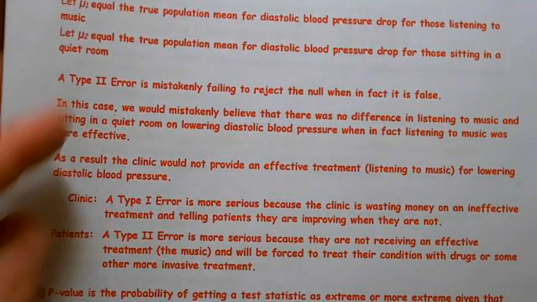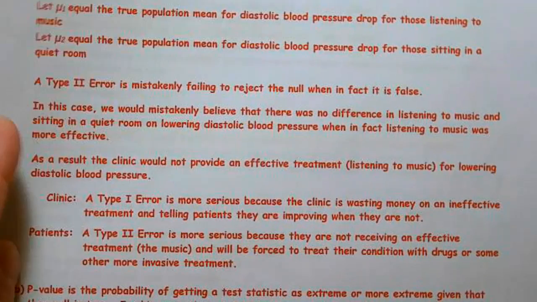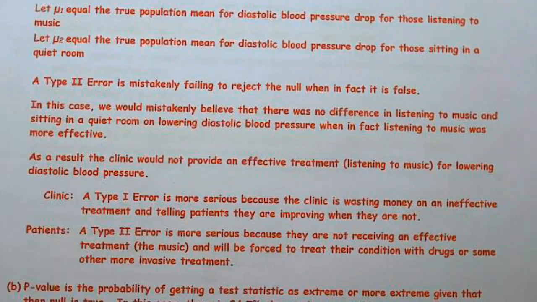So which is worse, a type 1 or type 2? Probably for the clinic, a type 1 error is more serious because the clinic is wasting money on an ineffective treatment and telling patients they're improving when they are not. For patients, a type 2 error is more serious because they are not receiving an effective treatment, the music, and will be forced to treat their condition with drugs or some other more invasive treatment.